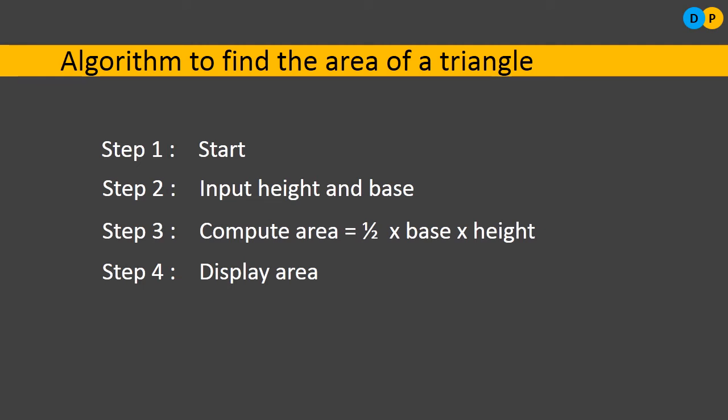What the user is expecting from us is to display the result. So we display the area in step 4. Followed by step 5. After displaying the area, nothing else needs to be done here, so we will stop the procedure of writing the algorithm. So step 5, stop. This is the algorithm to find the area of a triangle.